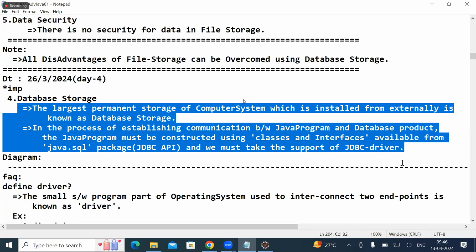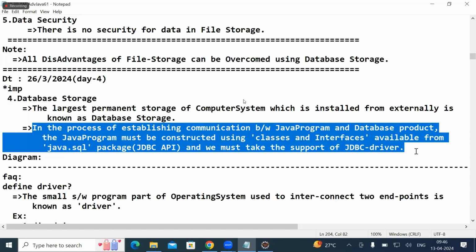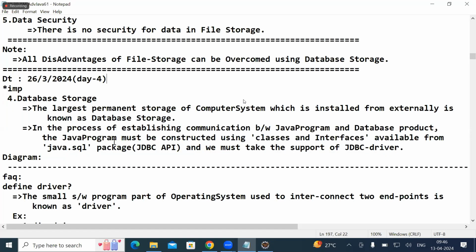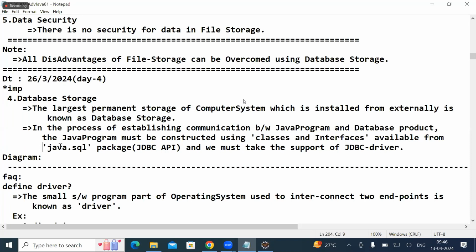The database is coming from externally. If any resource comes from externally, and you want to interact with that resource, a driver is needed. So I made a statement here. In the process of establishing communication between a Java program and a database product, the Java program must be constructed using classes and interfaces available from the java.sql package, and we must take the support of a JDBC driver.